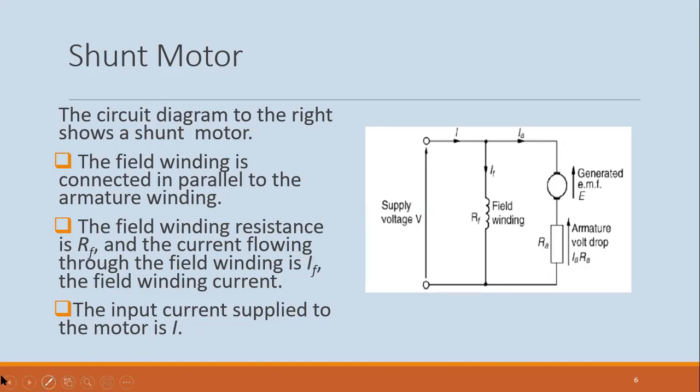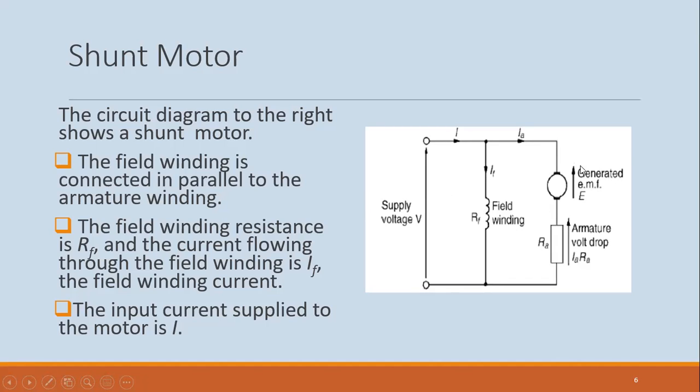So again, field windings connected in parallel to the armature winding. And this time, the voltage that will be given would be an input supply voltage, and it drives a current through the machine.